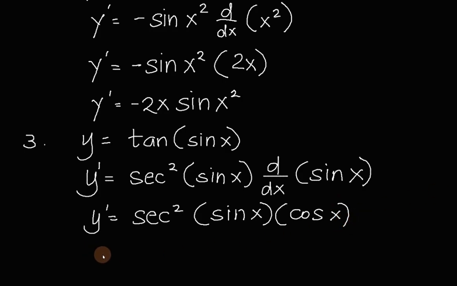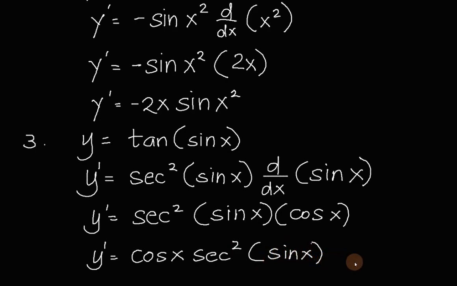And so our final answer is y prime equals, we can put this cosine x here, but to avoid confusion, we can put cosine x times secant squared of sine x. So that's the derivative of the given function. Okay, and last one.